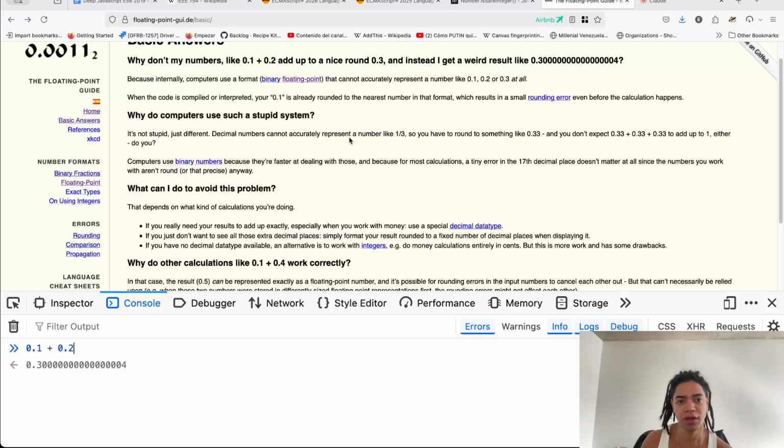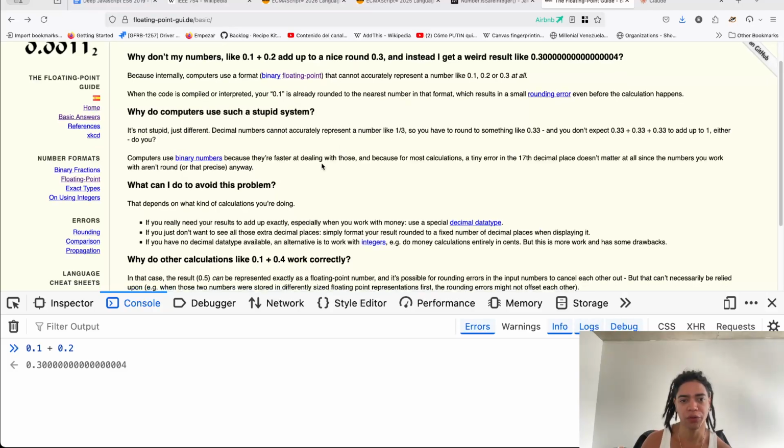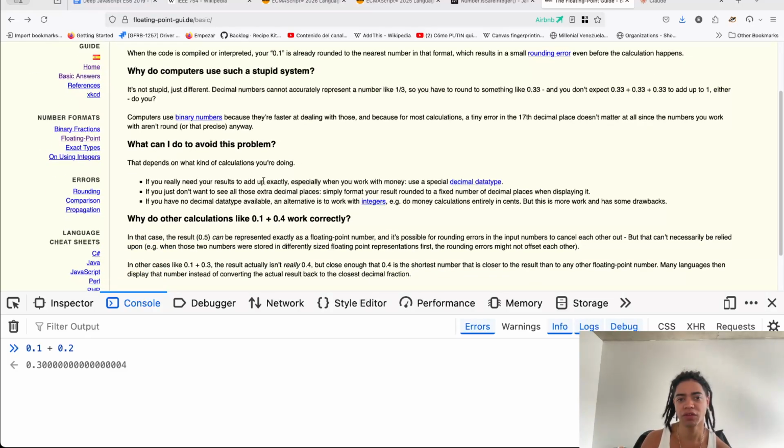Computers use binary numbers because they are faster at dealing with those, and because for most calculations a tiny error at the hundredth decimal place doesn't matter at all, since the numbers you work with aren't that precise anyway. What can I do to avoid this problem? That depends on what kind of calculations you are doing. If you really need your result to add up exactly, especially when you work with money, use a special decimal data type.